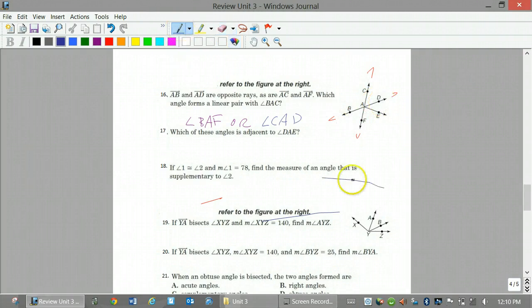Okay, which of the angles are adjacent to DAE? Well, they've got to share a common ray, which would be that.